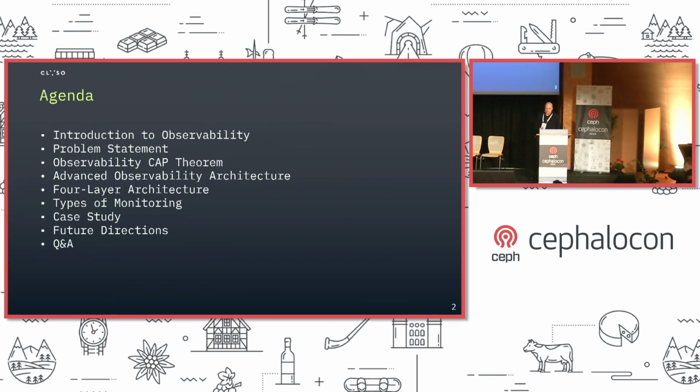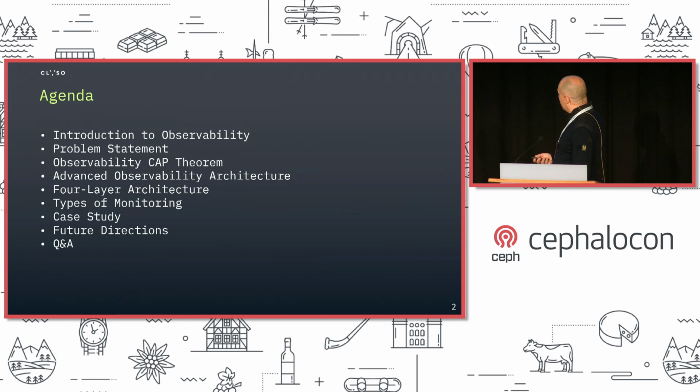Just to show what you can expect, we will recap a few basics for users who don't know what observability is, and then I will try to say what we think is the biggest problem and how we can probably solve these problems.